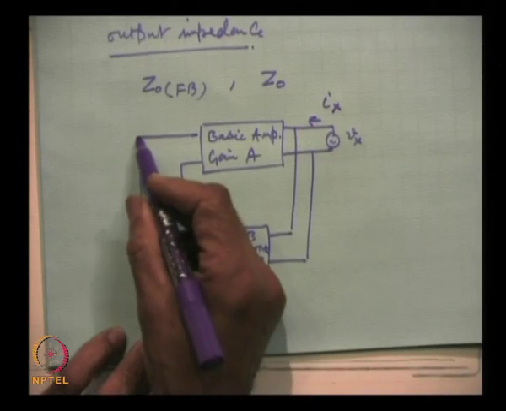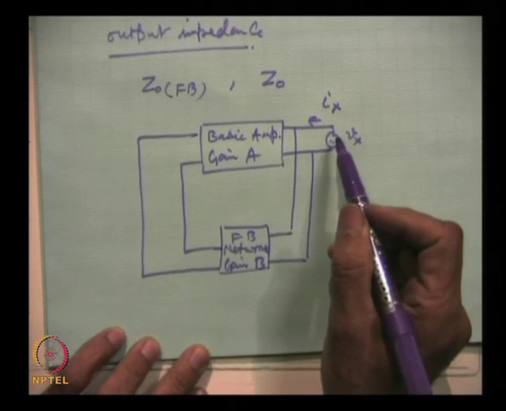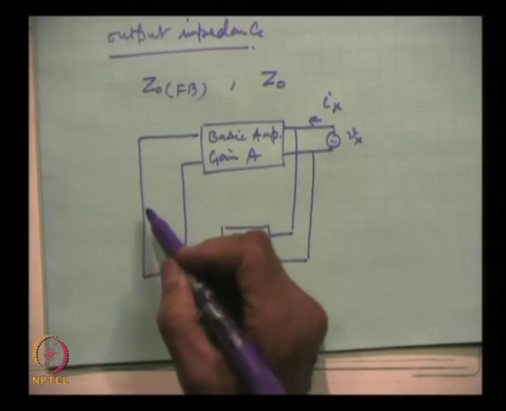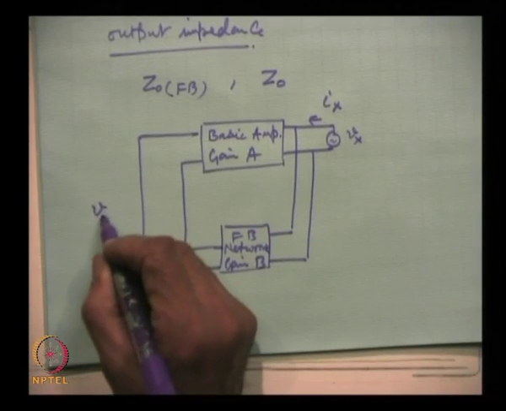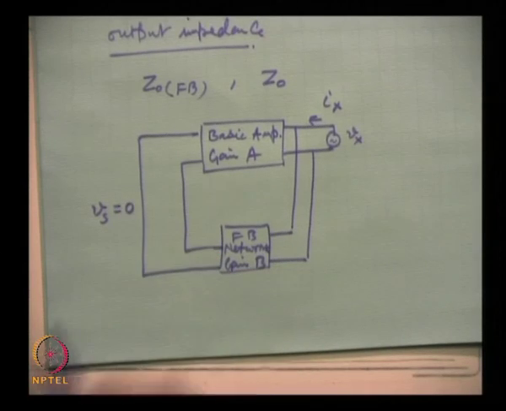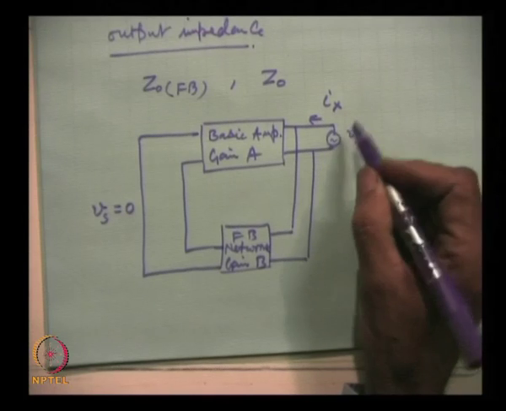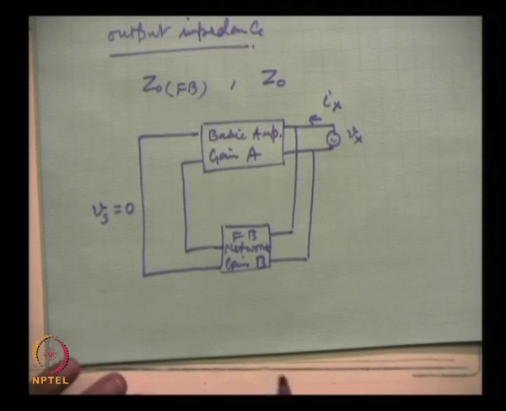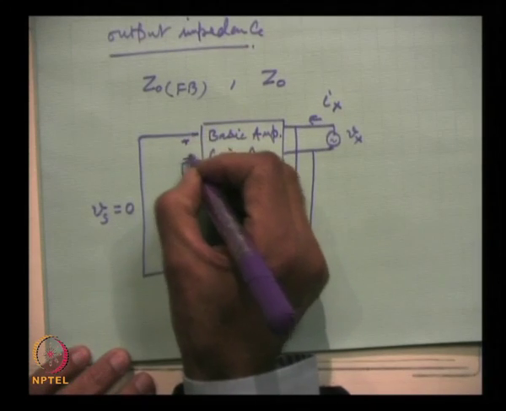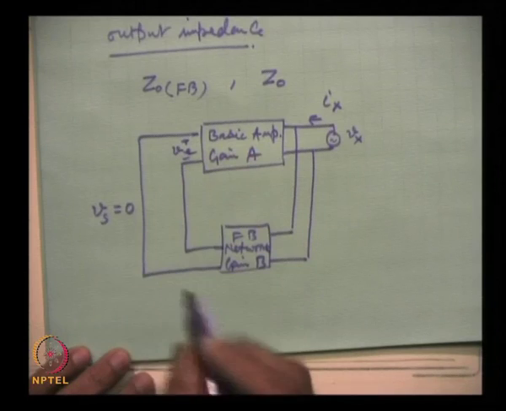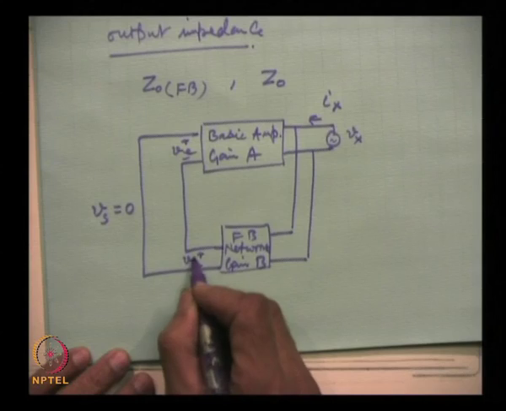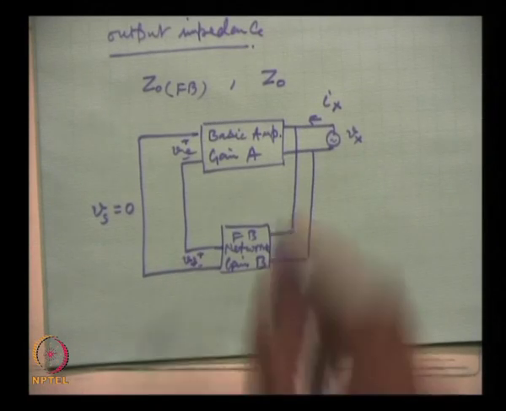And remember, when we are talking of output impedance, the input signal Vs is to be set to 0, and a test signal is connected at the output. And here this is Ve, this is the return signal Vf.